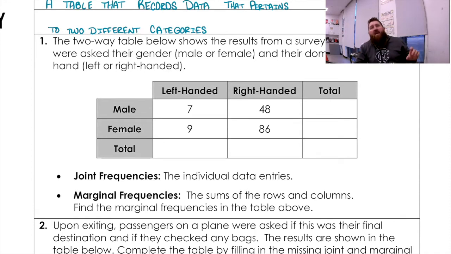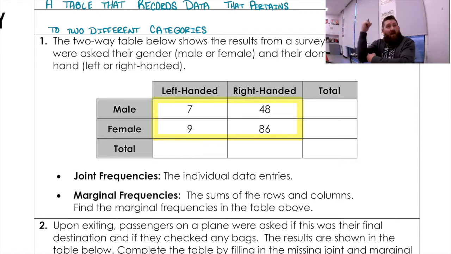So those individual data, the stuff in the middle, all of our specific data points, the stuff highlighted in yellow, that is considered our joint frequencies. Those are the individual data entries.